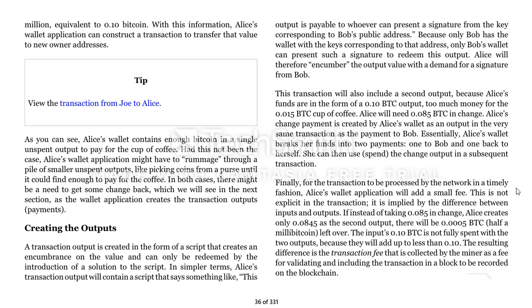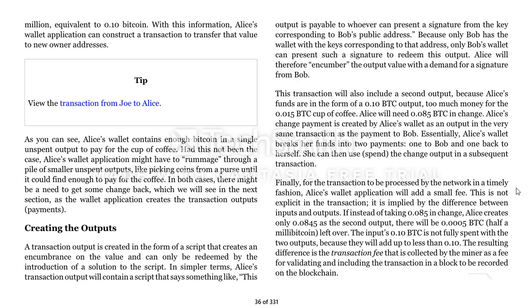Finally, for the transaction to be processed by the network in a timely fashion, Alice's wallet application will add a small fee. This is not explicit in the transaction, it is implied by the difference between inputs and outputs. If instead of taking 0.085 in change, Alice creates only 0.0845 as the second output, there will be 0.0005 BTC, half a millibitcoin, left over.